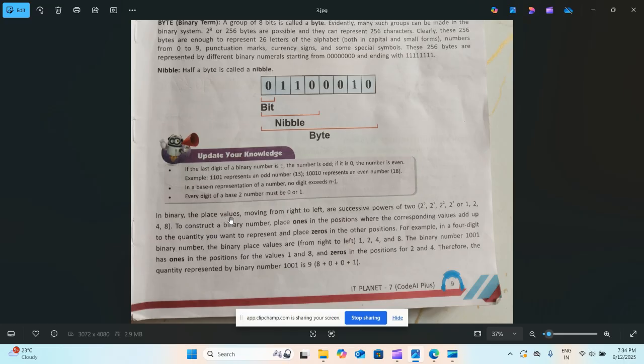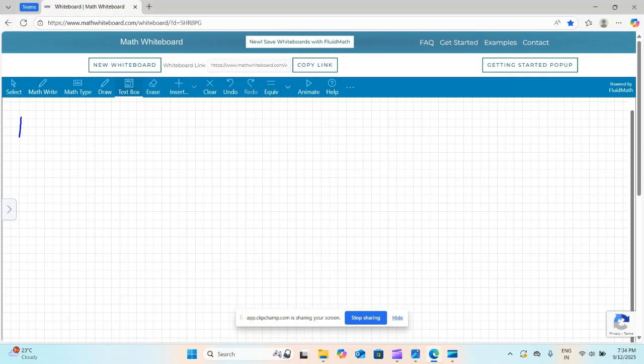In binary, the place values moving from right to left are successive powers of 2. What does this mean? We will see one example first and then come to this. Take 1001001.